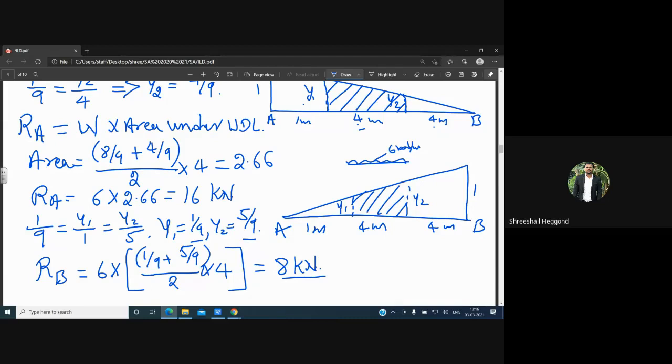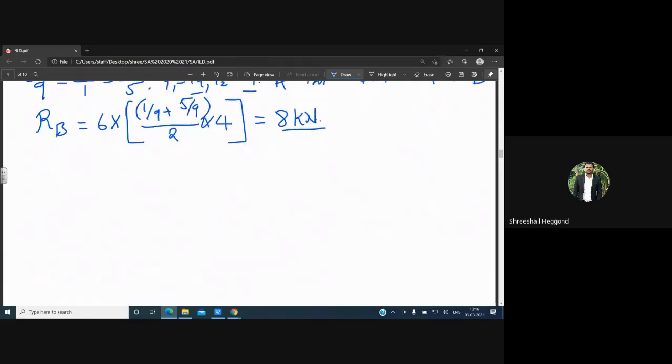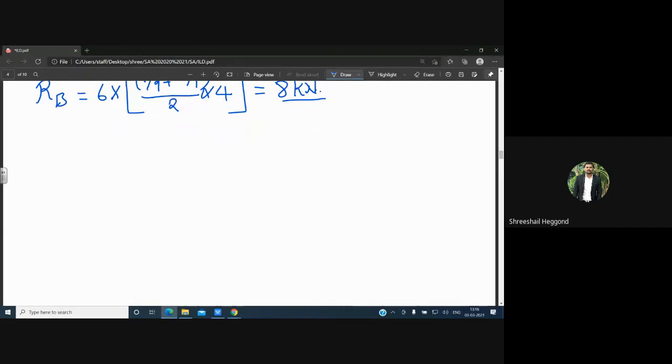Once this is done, you can calculate shear force at C point and bending moment at D point. Shear force diagram can be drawn as A, C, D, and B, with 1 meter, 4 meter, and 4 meter.